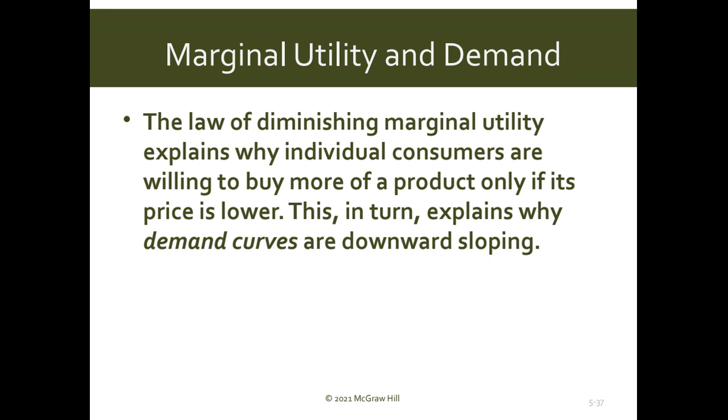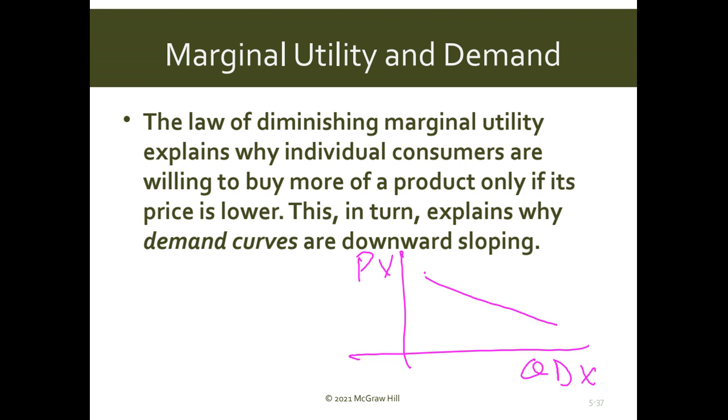This is the demand curve, if you remember from chapter 2, QDX, PX. What is this demand curve showing you? When the price is, let's say, $5, you are demanding 6 units. When the price decreases to 4, you are demanding more. Why? Because of diminishing marginal utility.